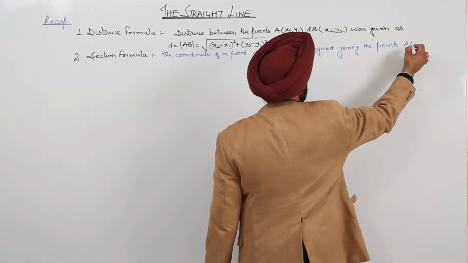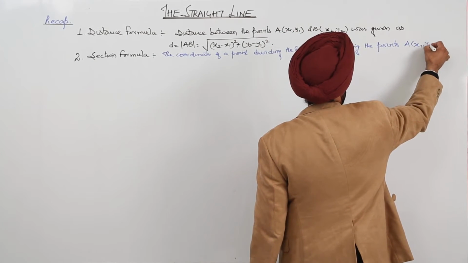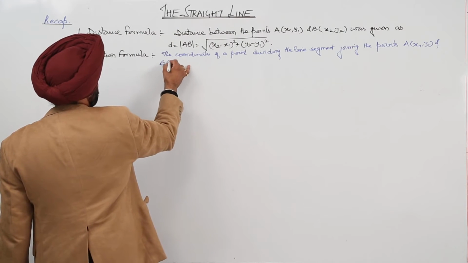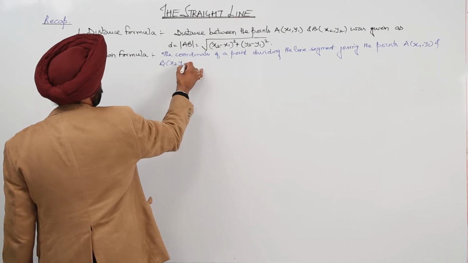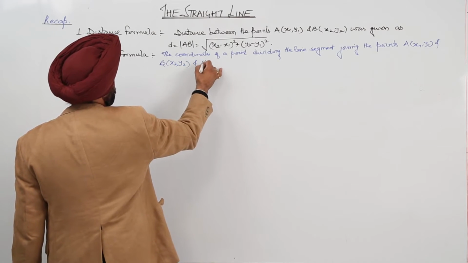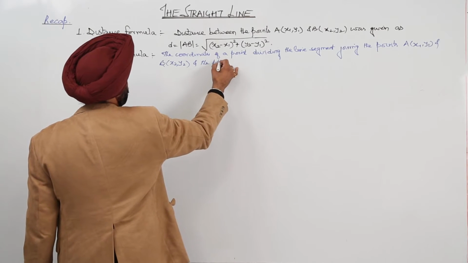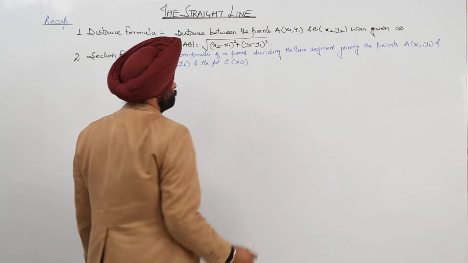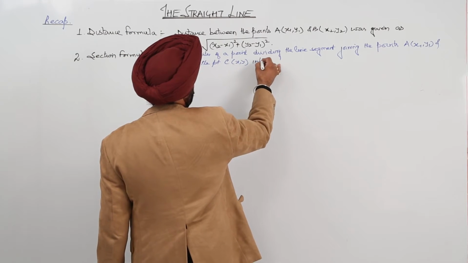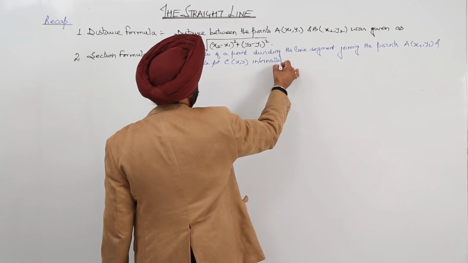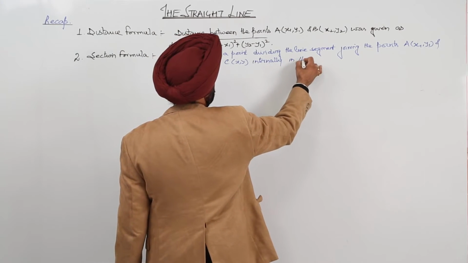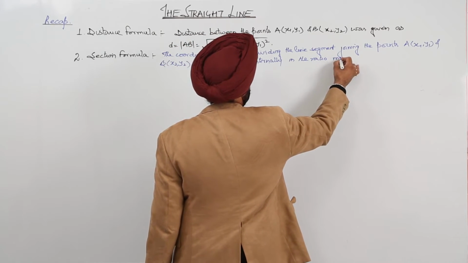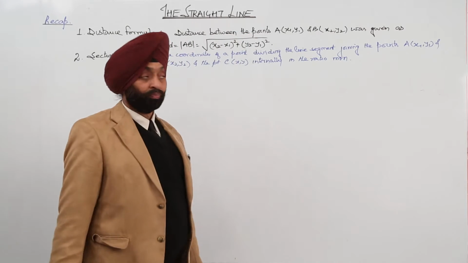Say we are having A, x1 y1, and B with x2 y2, and the point C with x comma y, dividing internally in the ratio m is to n.